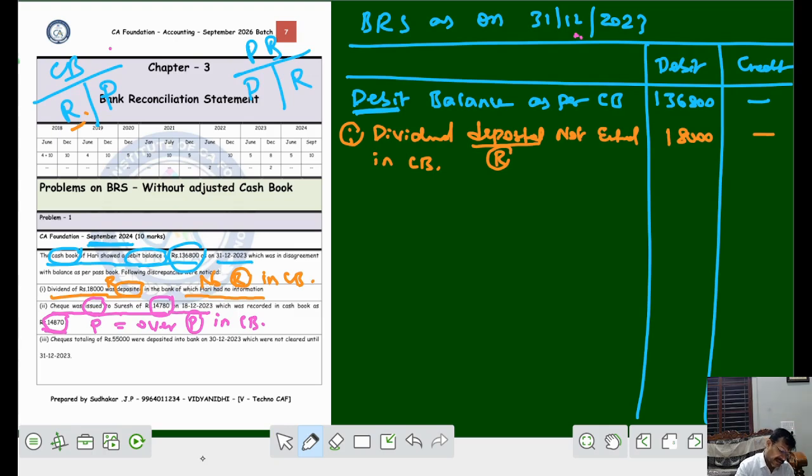It is over credit in cash book. When it is over credit in cash book, on what side is it to be taken? Again, it is to be taken on the receipt side.